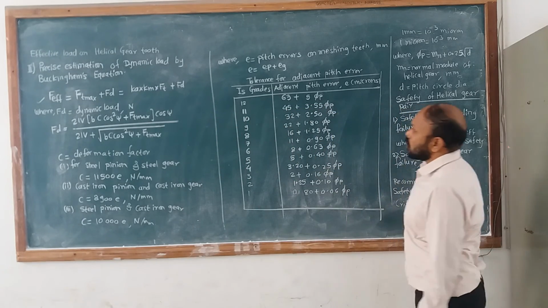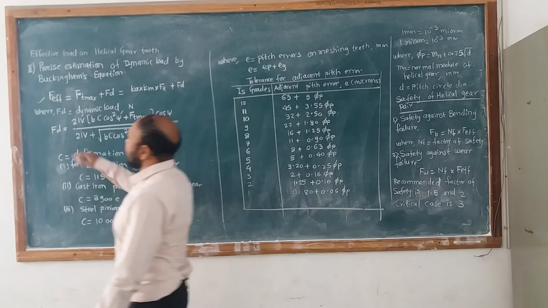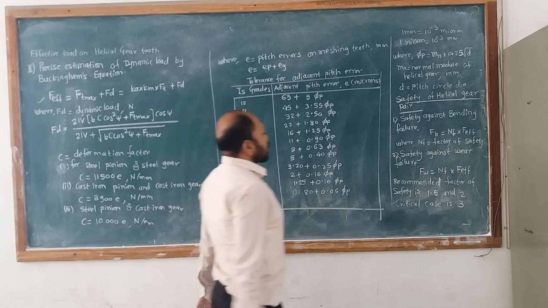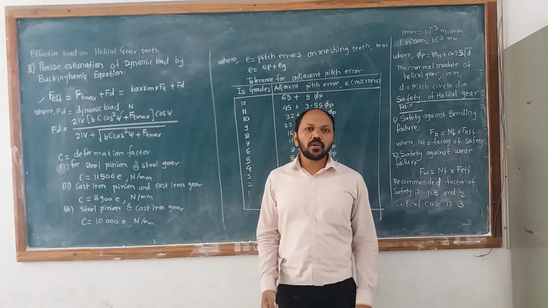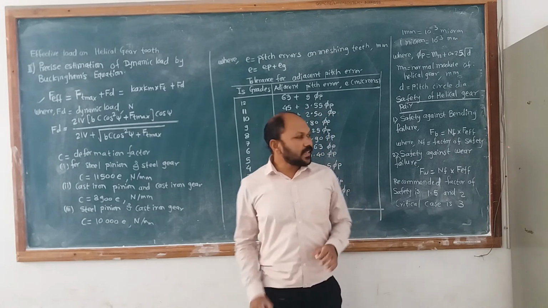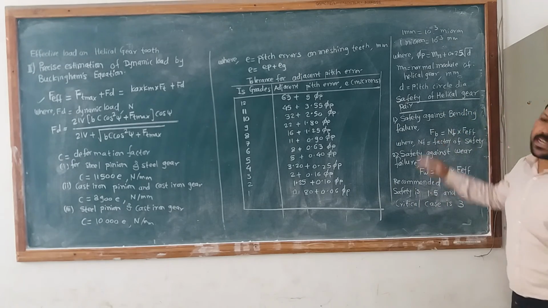This is the second value, the precise distribution method's value, F effective. So what is the importance of this value? This value is important to calculate whether this design is safe or not, whether these dimensions are safe or not. For deciding that, you use this last step, that is safety against bending failure.